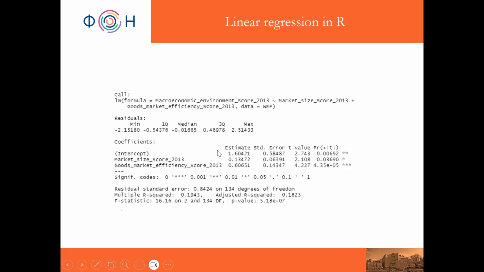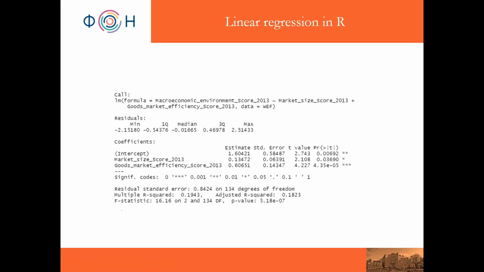So in our case, our constant is 1.60. The coefficient which stands next to market size score is 0.134, indicating that if market size score improves by 1, macroeconomic environment score will improve by 0.134.